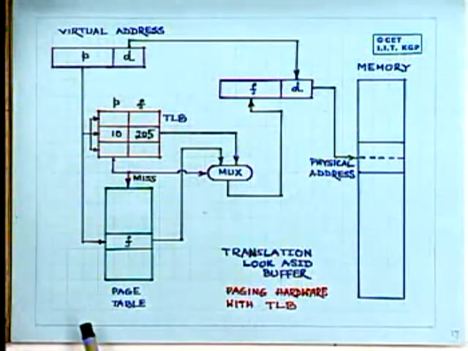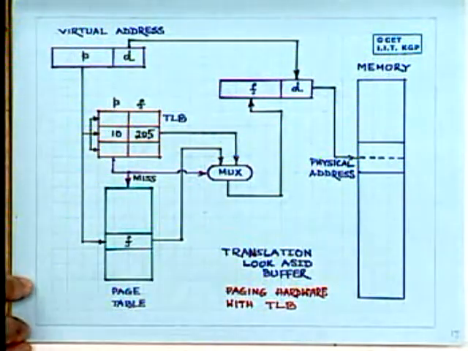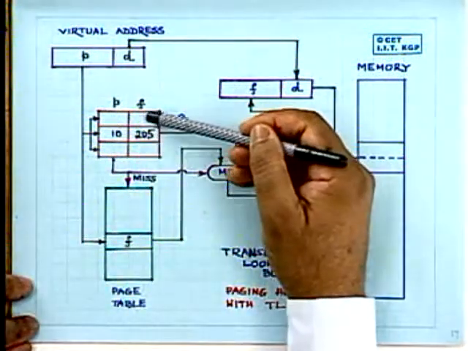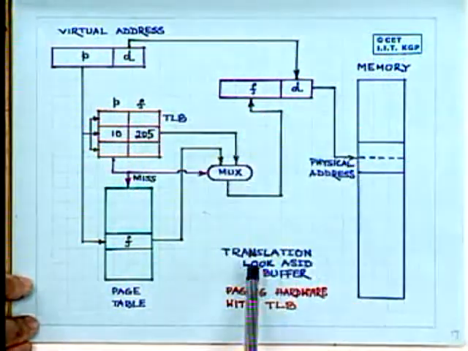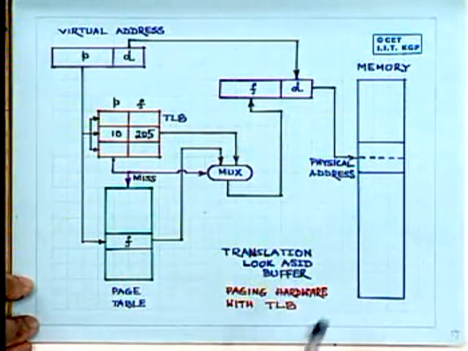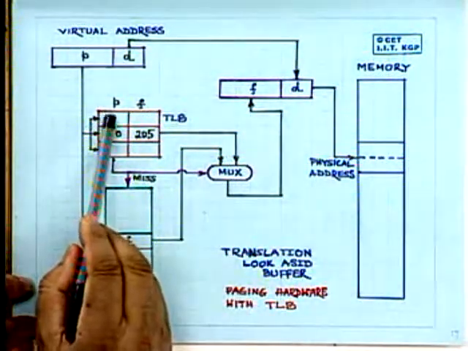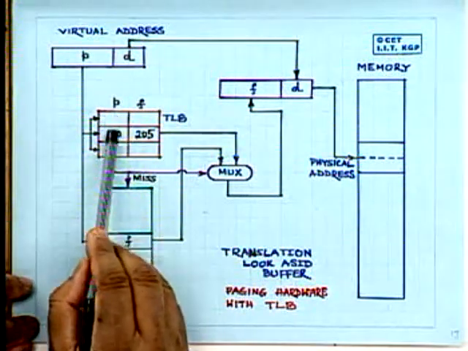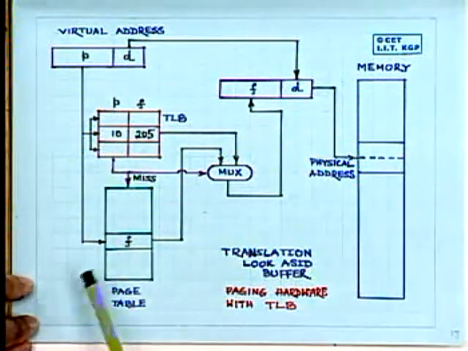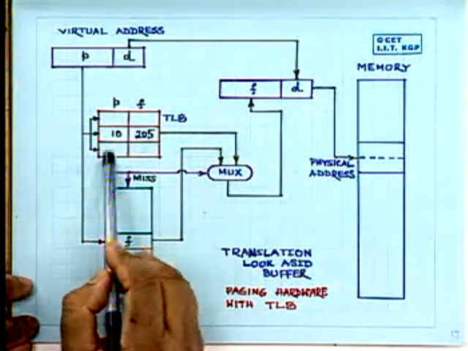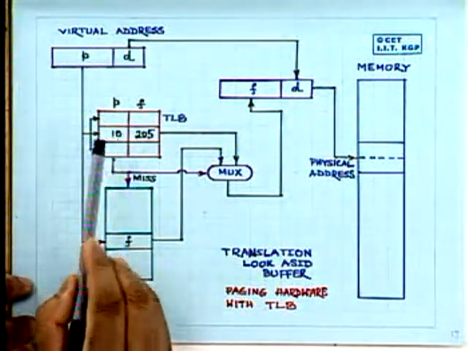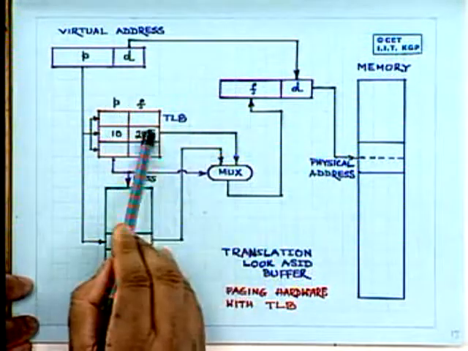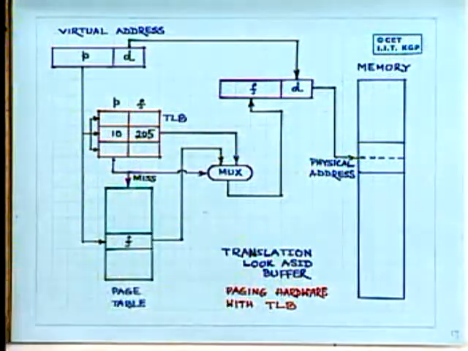Now, the hardware does this, and this is content addressable. Say here I have shown only 3 registers in the translation look aside buffer. Whenever a page comes, all 3 locations are checked simultaneously, and wherever there is a match with the page number, the corresponding frame number is immediately output.